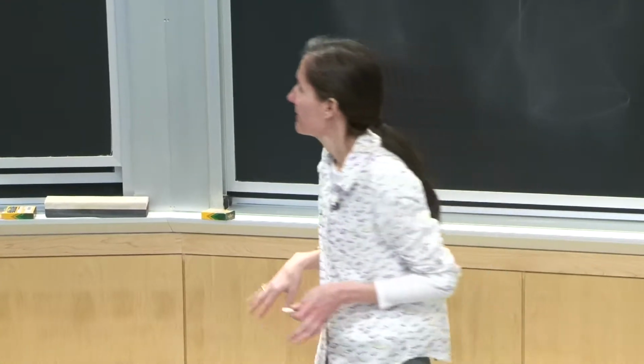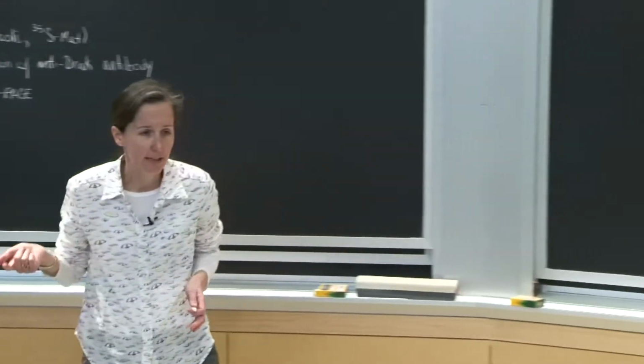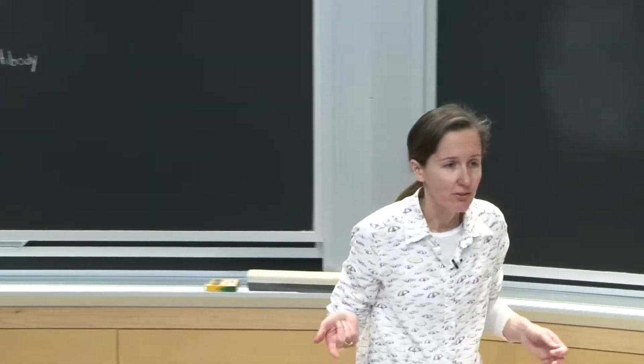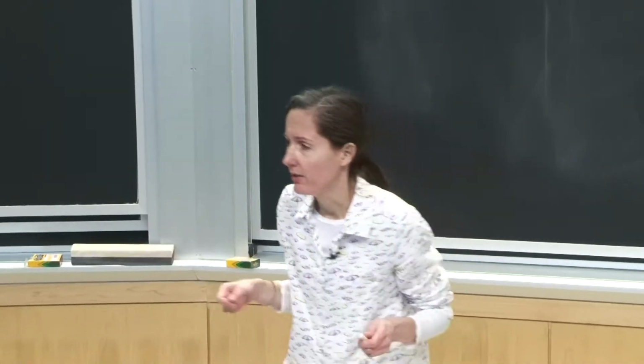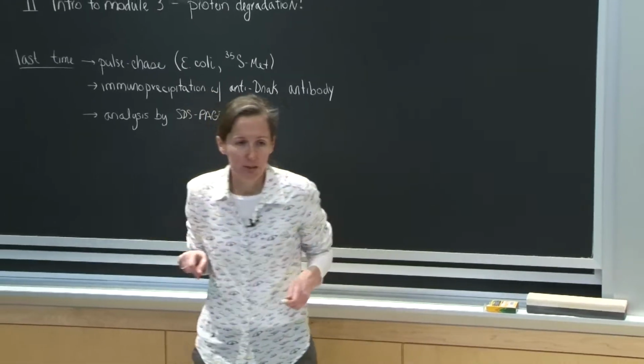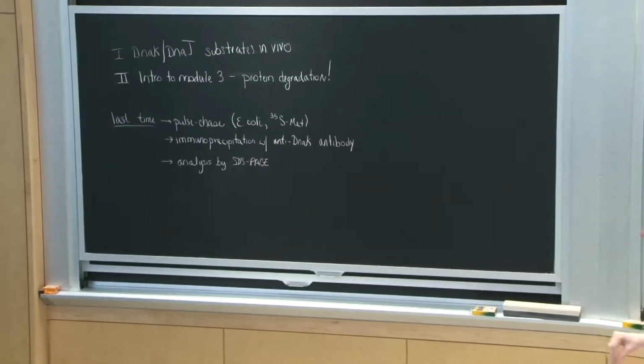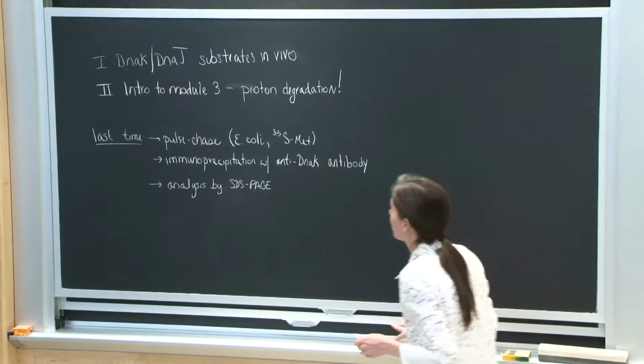Okay, so last time we discussed DnaK, the chaperone, DnaJ, the co-chaperone. Recall DnaJ went around and found some polypeptide in a non-native state and delivered it to DnaK, which can grip and hold on to the hydrophobic segments and somehow facilitate folding.